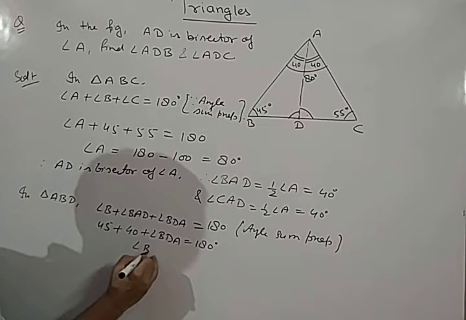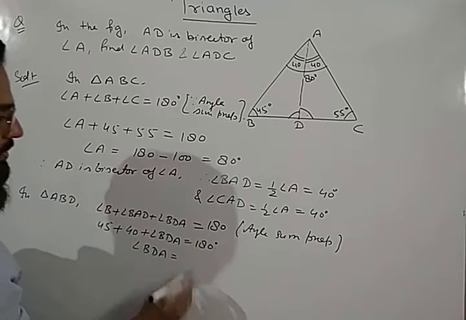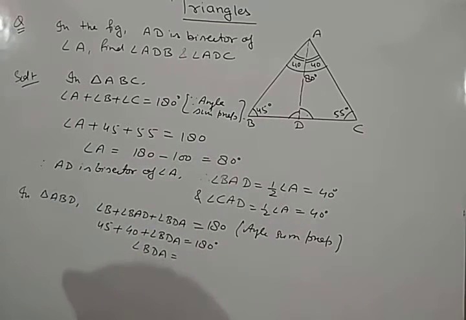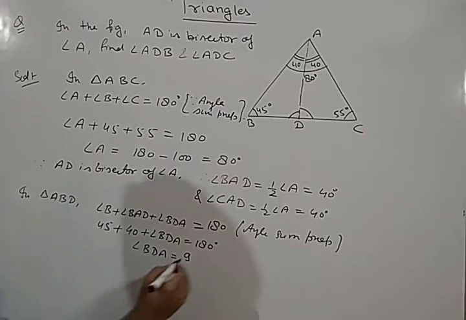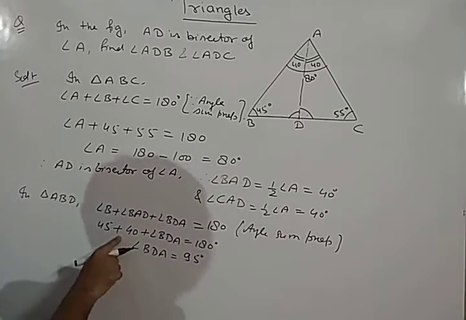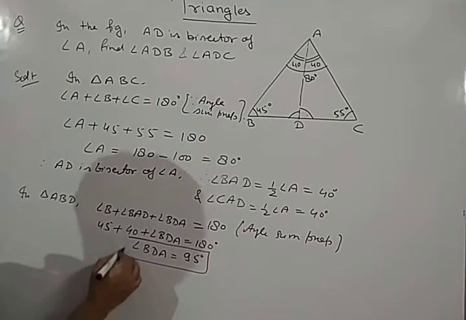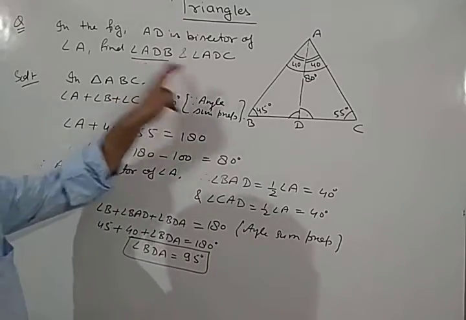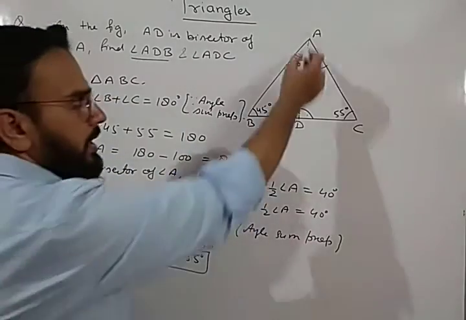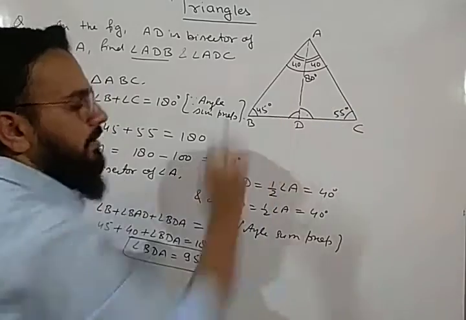So the value of angle BDA will come out to be 180 minus 85, that will be equal to 95 degree. This is our first angle, angle ADB. You can write ADB or BDA, both are the same angle.